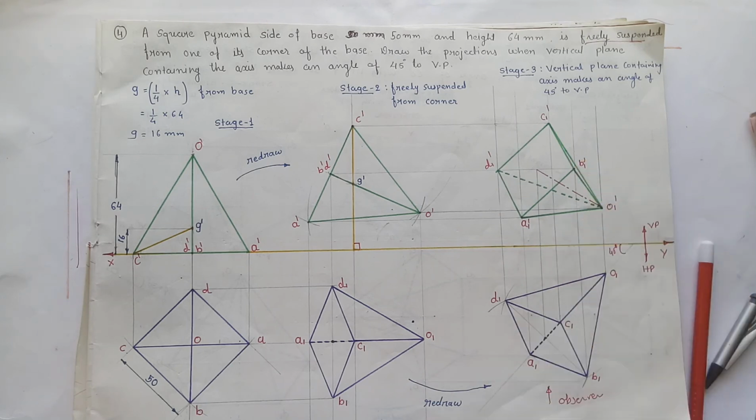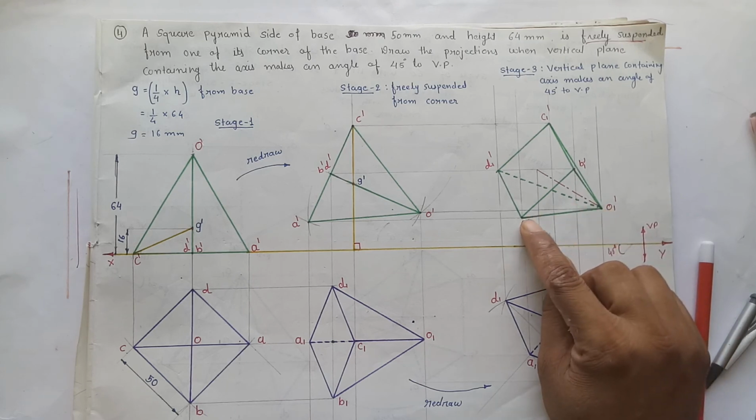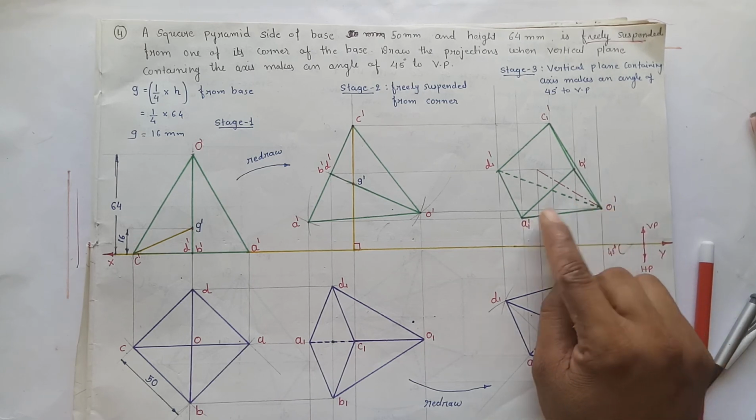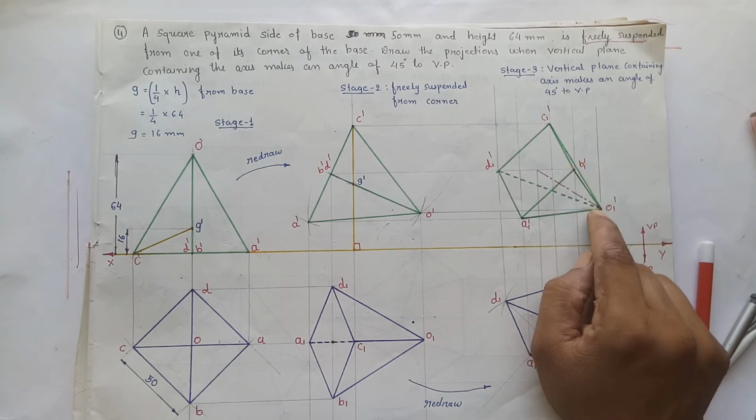Now draw the slant edges by using the rule of intersection of the lines. That means two visible lines will never intersect, two hidden lines will never intersect. So O1 dash A1 dash is going to be visible, no intersection in between. Again O1 dash B1 dash is going to be visible.